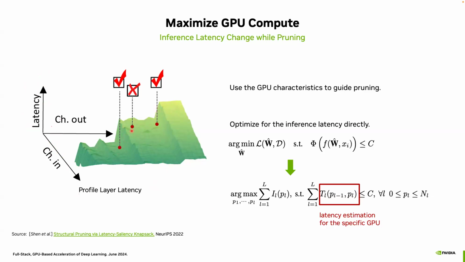In this case, we will not want a layer forced to somewhere in the middle, like here, because there will be better options. We can keep more channels remaining in this layer to make sure that we keep more parameters, but at the same time we do not increase the latency too much.